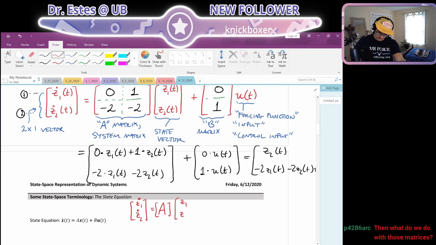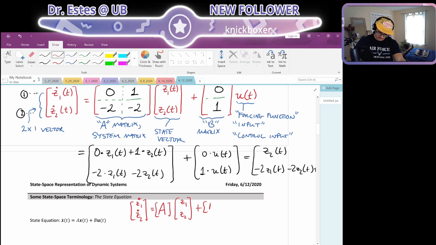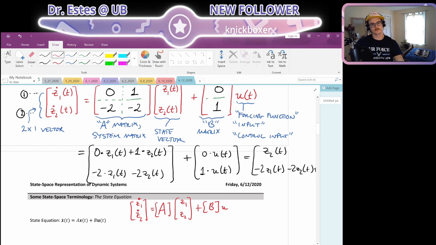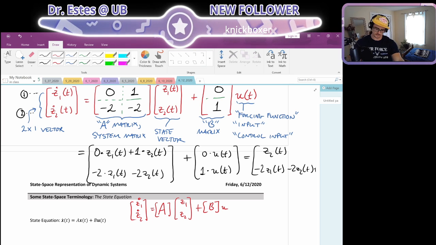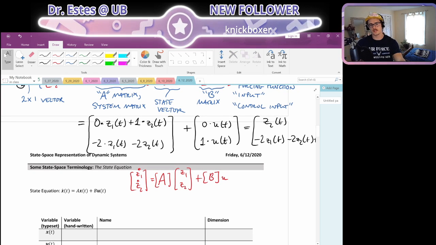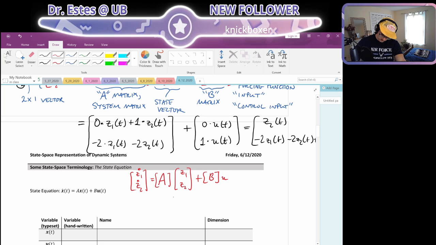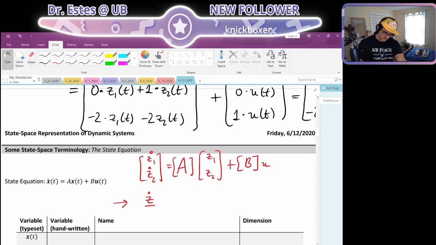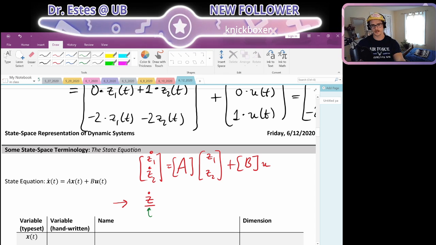Times Z1, Z2 plus B times U. And we can write this in an even more condensed way as this vector notation. So there's different ways to denote vectors, but this is a popular way. I think it's an easy way.